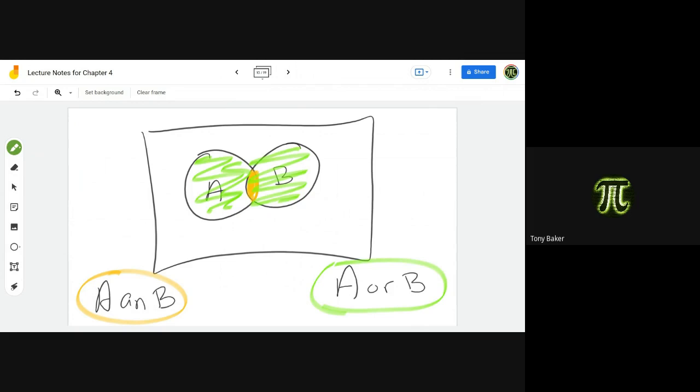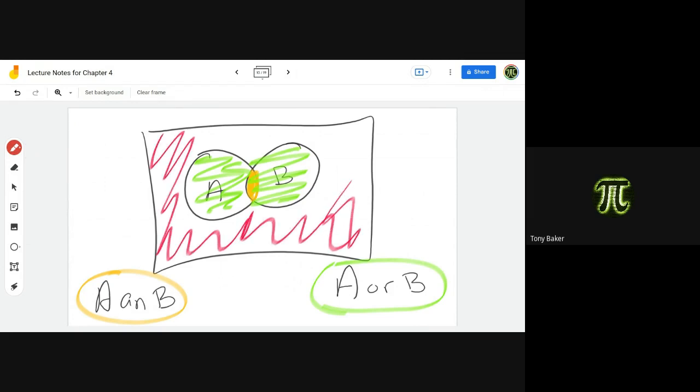If we were looking for the not, this, that actually would be listed as not A or B, because it's outside of everything.